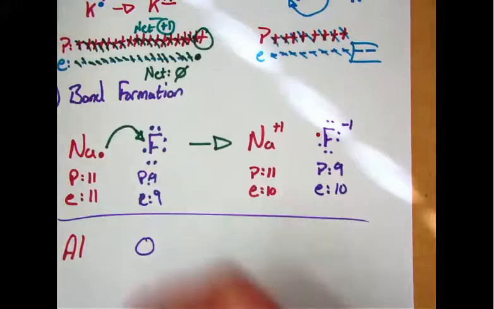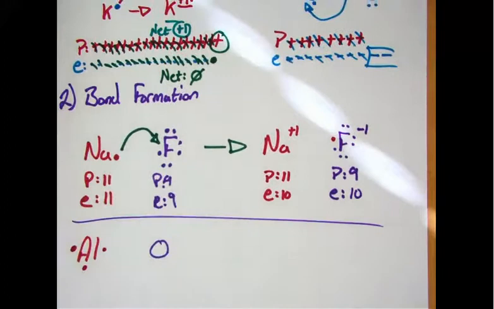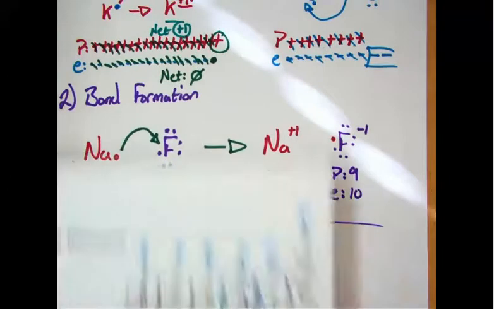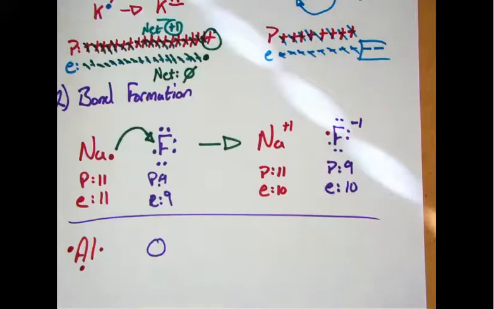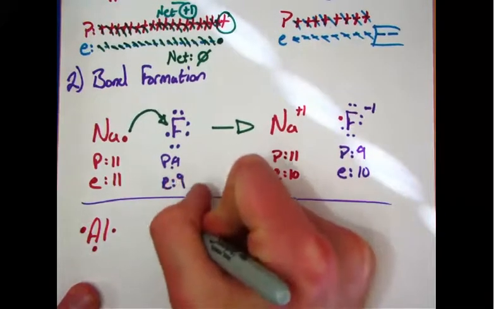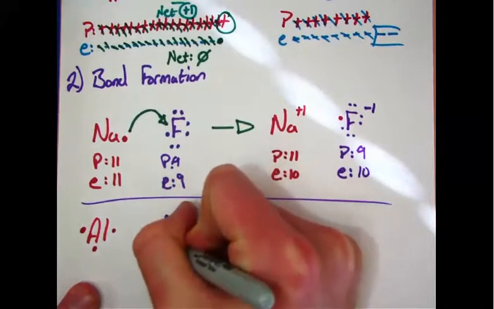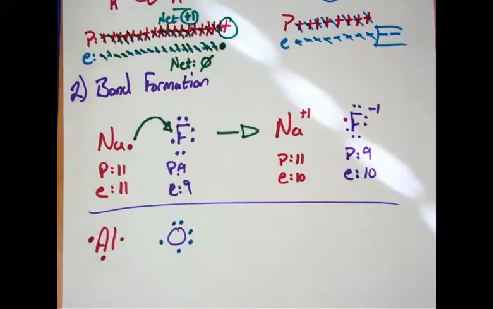So I'm going to draw all 3 of them. 1, 2, 3. Next, our oxygen atom right here has 6 valence electrons. 2, 3, 4, 5, 6. There we go. Beautiful.